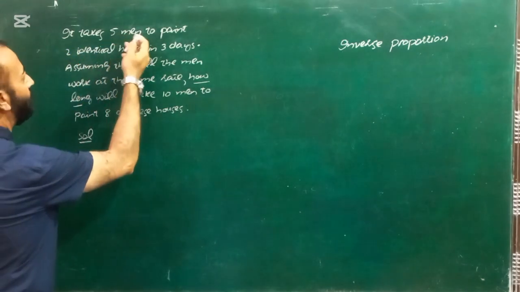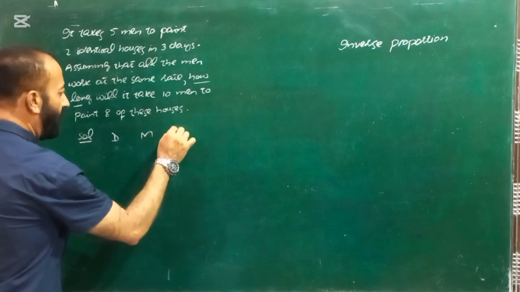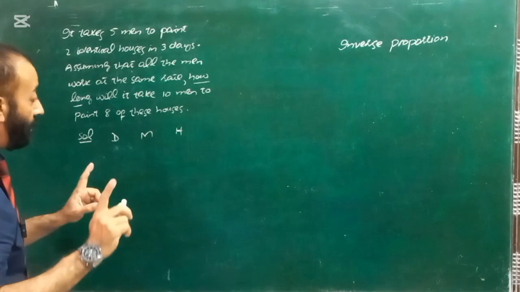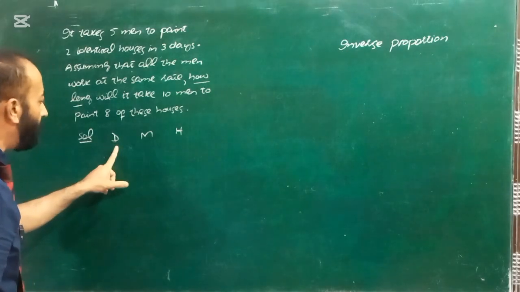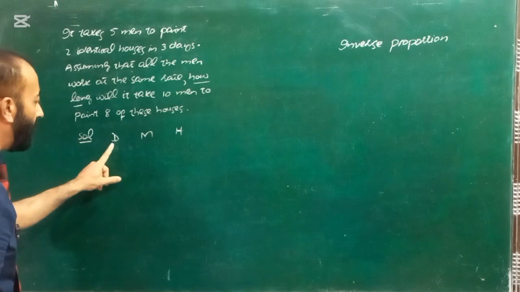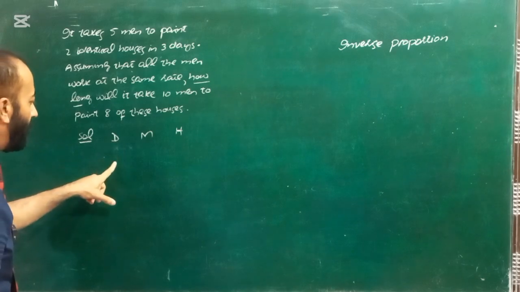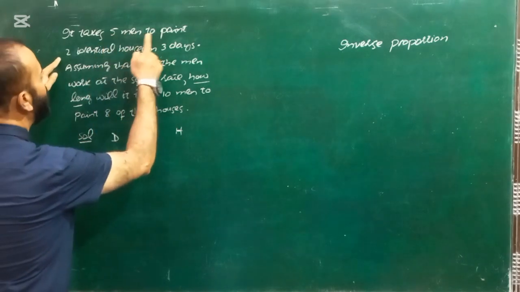The other things are men and houses, which will be written in any order. But again, be careful now. In days, the thing which is given will be written on top, and the thing which is required will be written at the bottom.